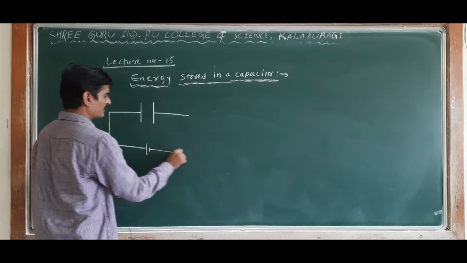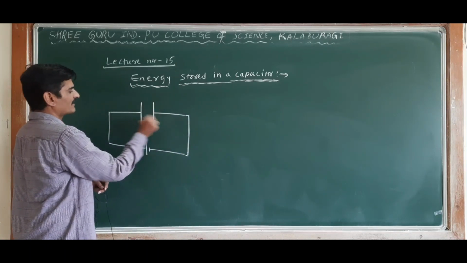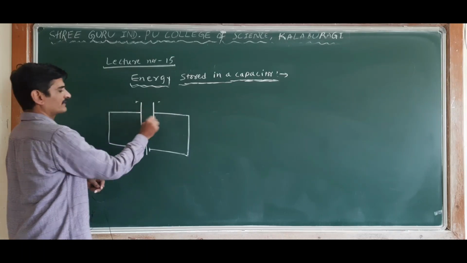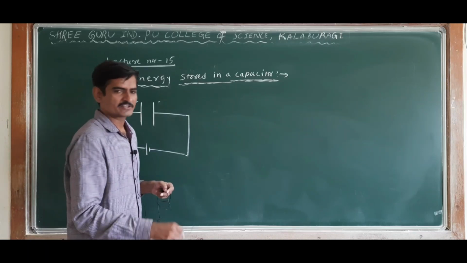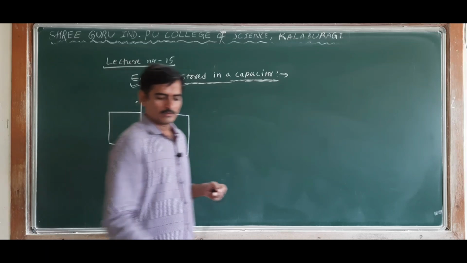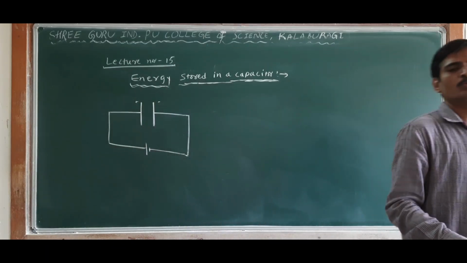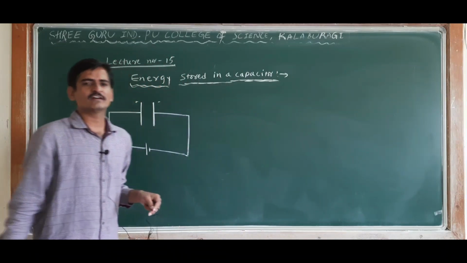So, this is a capacitor, only one capacitor. At any instant of time, between these two plates, there will be a potential difference. So, to transfer a charge, work has to be done, and work done is stored as the energy.